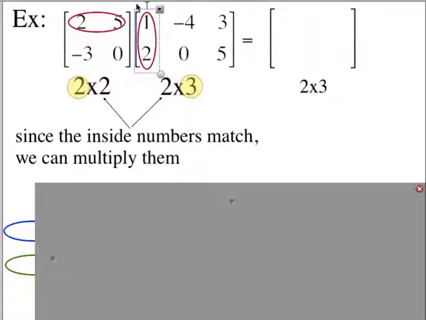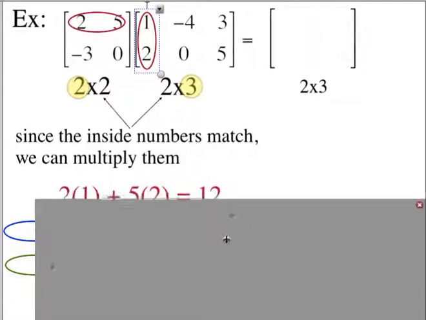What I'm going to do with matrix multiplication is multiply the first entries together, multiply the second entries together, and then add those together. So I'm going to multiply 2 times 1, and 5 times 2, and add those together.